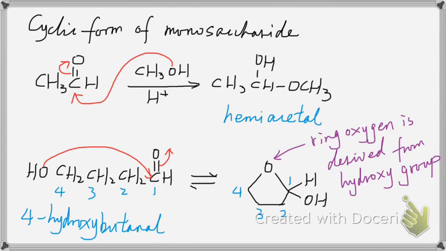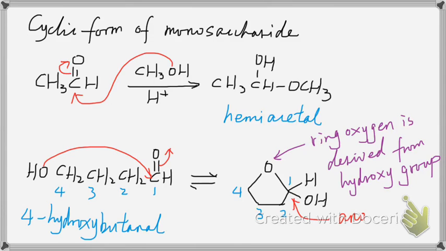And the ring oxygen is derived from the hydroxy group on carbon 4. All right, so this is a cyclic hemiacetal derived from the intramolecular nucleophilic addition of the OH to the carbonyl carbon.